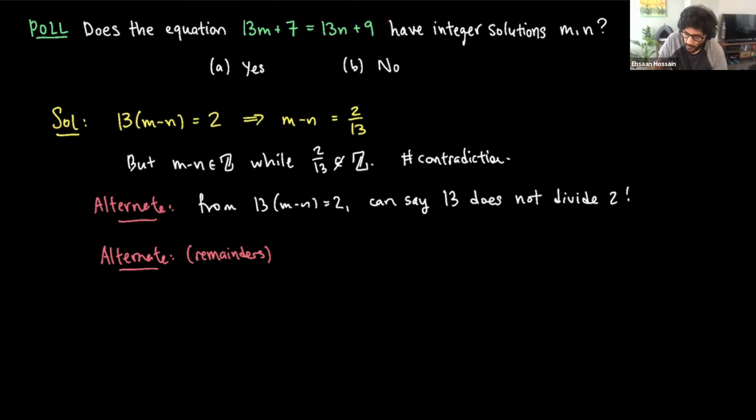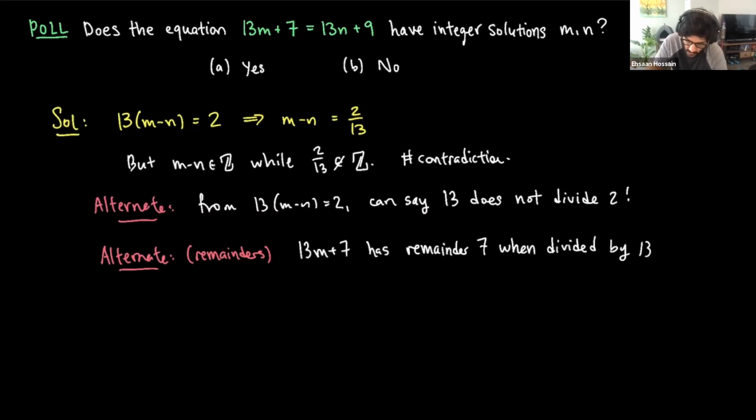So another alternate way to say it is 13m plus 7 has remainder 7 when divided by 13, but 13n plus 9 has remainder 9 when divided by 13.